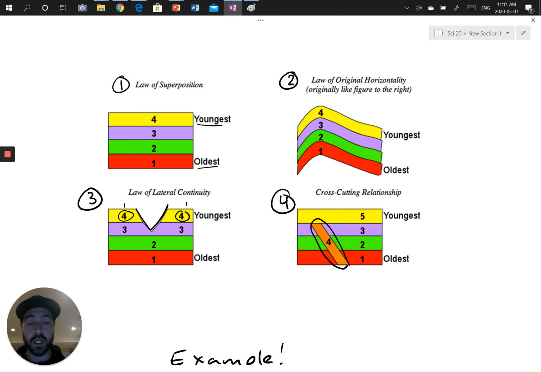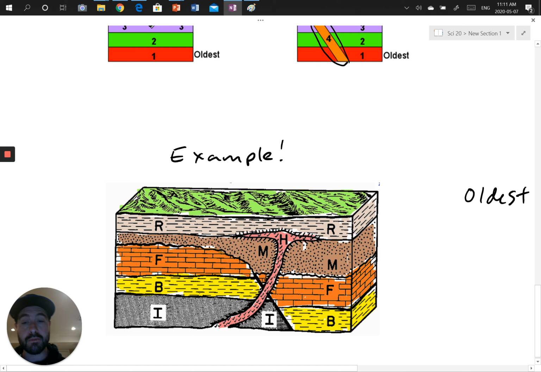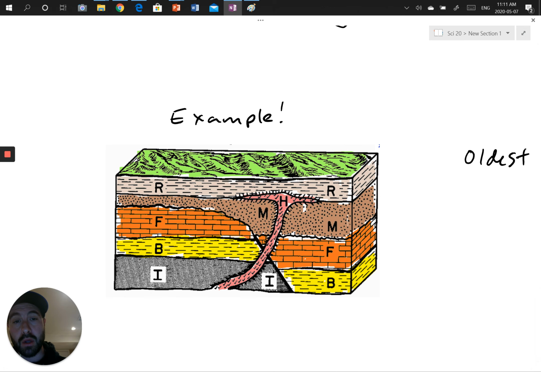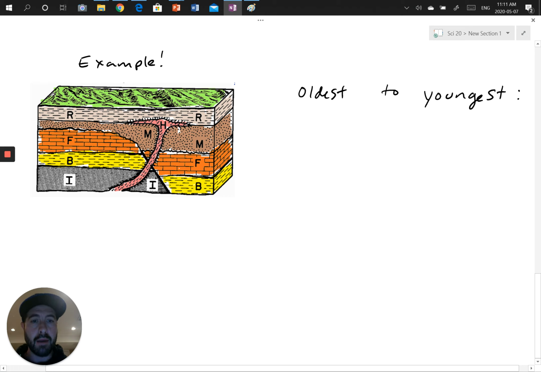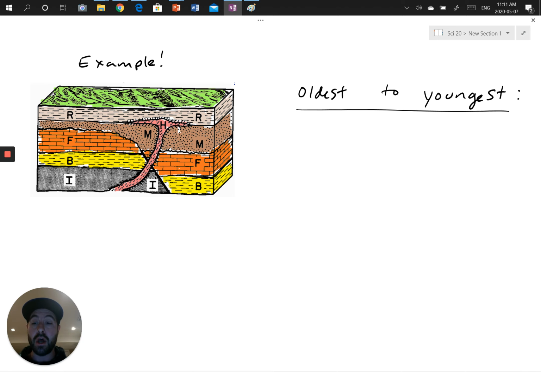So here's an example I want to show you. In this example, I have a whole bunch of different rock layers. So we want to list these from the oldest to the youngest. So my first law that I'm always going to go to, this is your go-to basic, is the law of superposition, where older is deeper. So looking here, I see some different things.